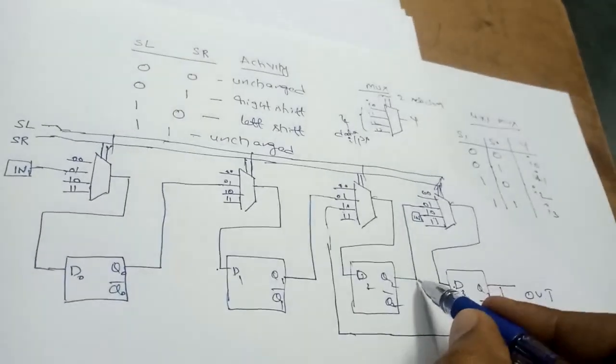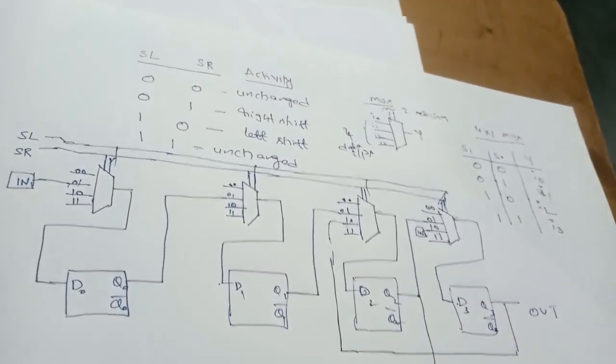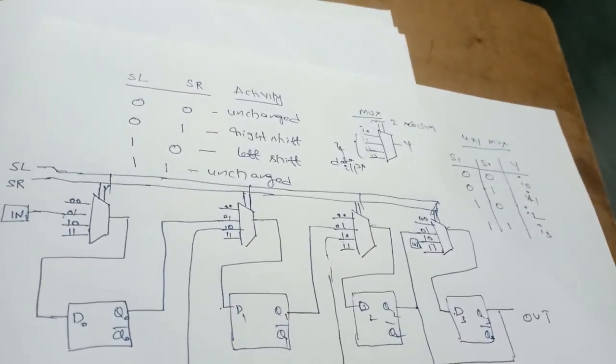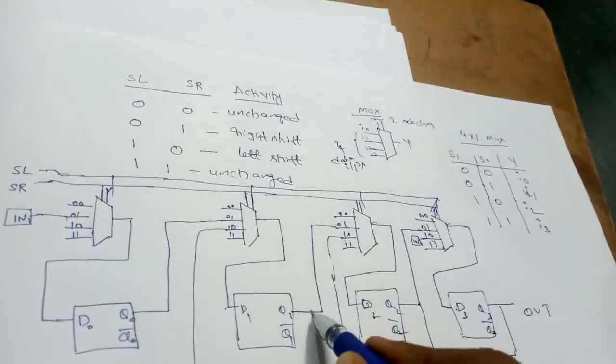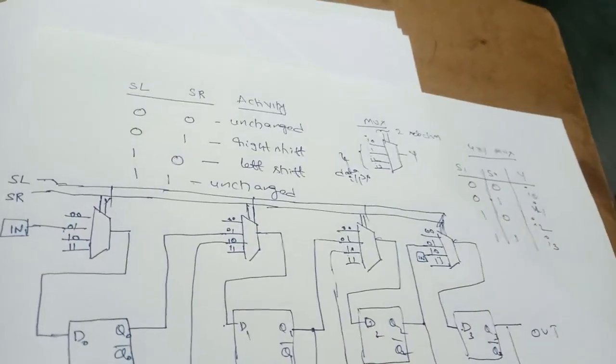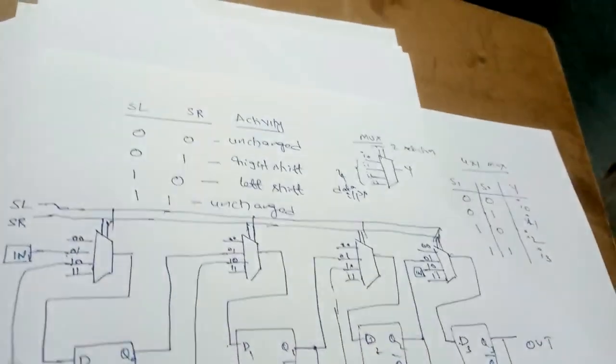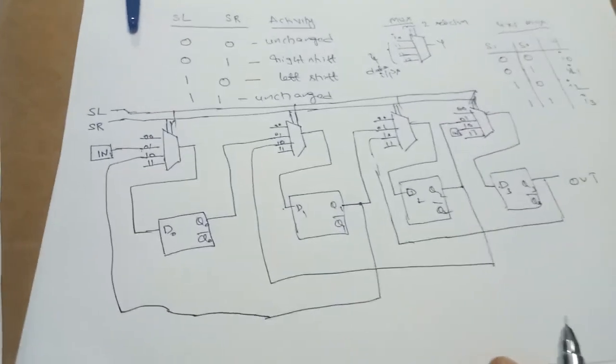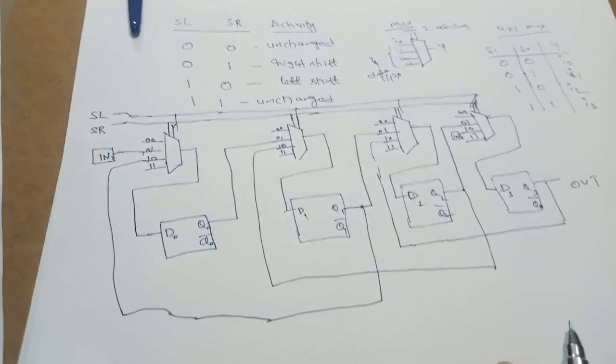Again Q2 has to be given to the multiplexer of Q1, and again Q1 has to be given to the 1 0 input of the first multiplexer. So we have seen the left shift and right shift operations here.